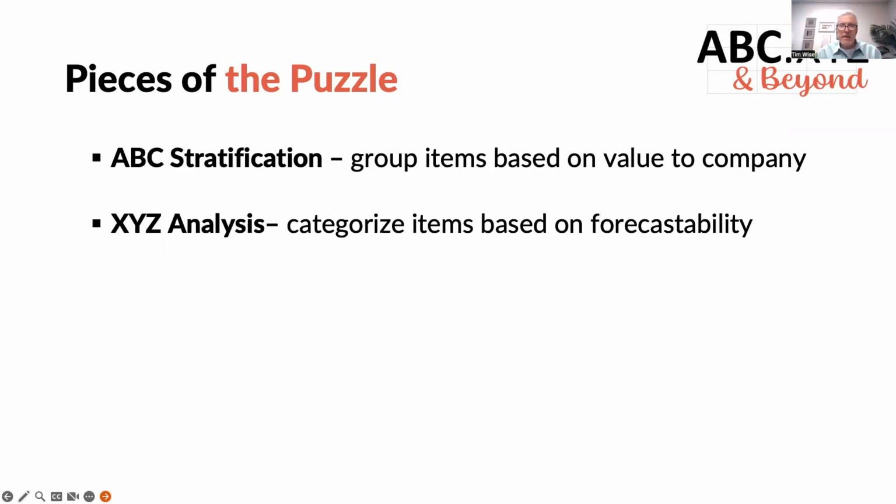And then the XYZ, this is something that we tend to talk about forecast error more than forecastability. Very few people break these down into what I would call SKU item forecastability.